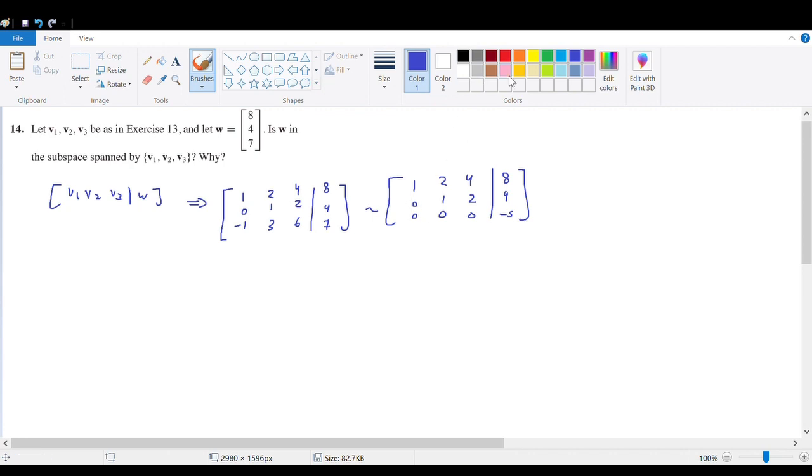So now, since the last row is inconsistent, the system is not consistent. That means W is not in the subspace spanned by these vectors. So from here, no, W is not in the subspace spanned by the vectors V1, V2, V3.